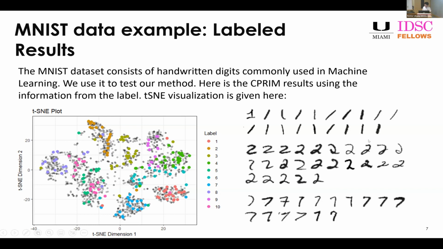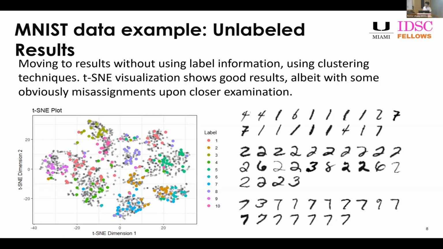And then we move on to, if we remove the label and just use the clustering, using the full force of our algorithm without the labeling information, we'll see a similar thing here. But we also notice that there's some misclustering happening here because we are now not using the label.